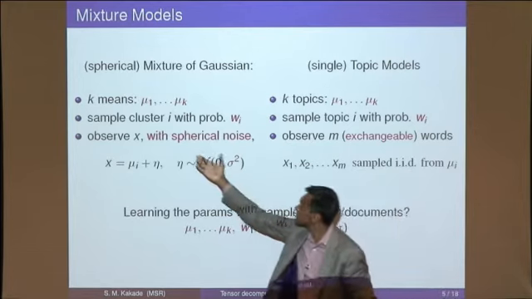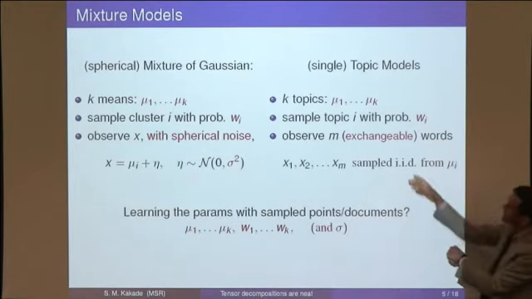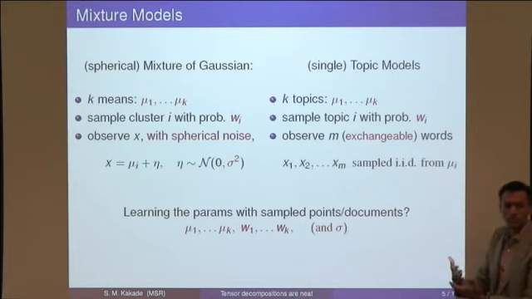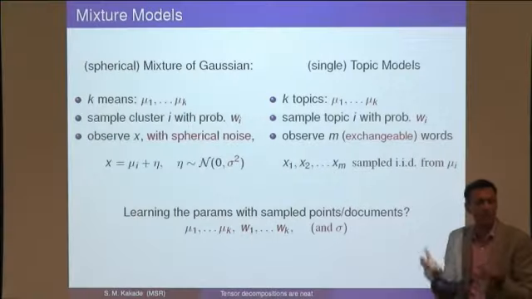In the mixture of Gaussian case, we're adding noise to one of the means. In the topic model case, we get many words drawn independently from the same probability distribution, the same hidden topic. Is it a multinomial model? It's a multinomial model, yeah. That's right, and they're drawn independently, so they're exchangeable, and this is why it's a bag of words model. It doesn't matter the order in which you see the words.